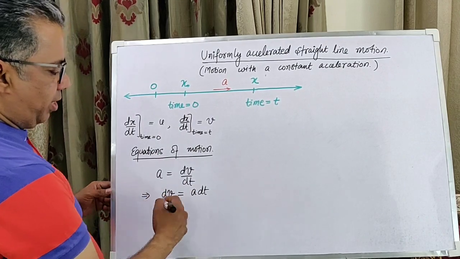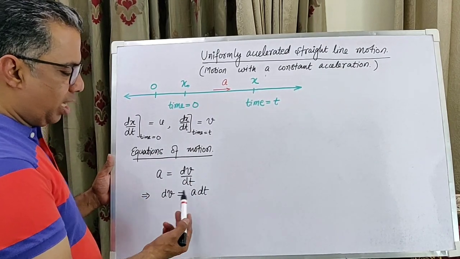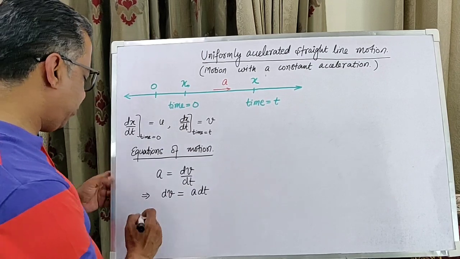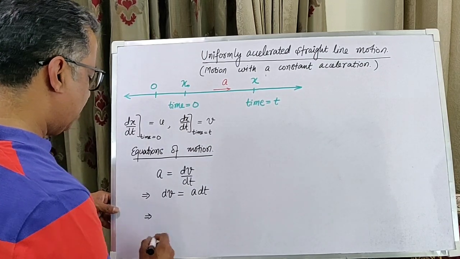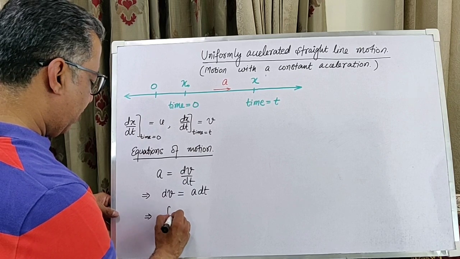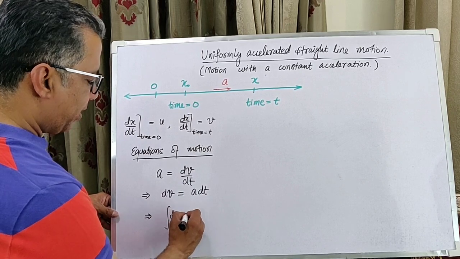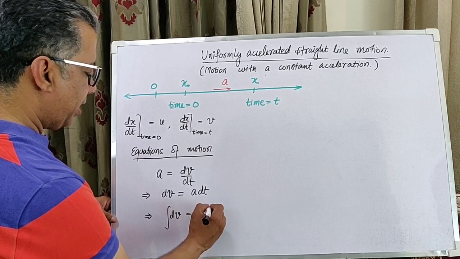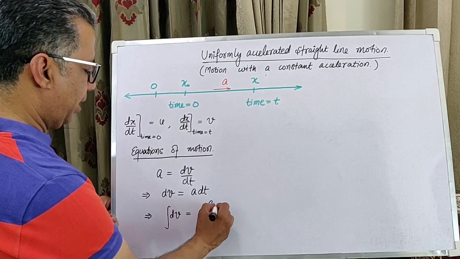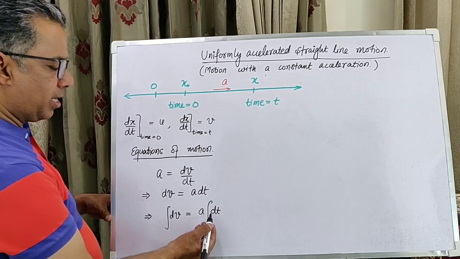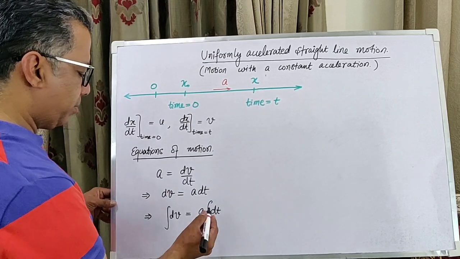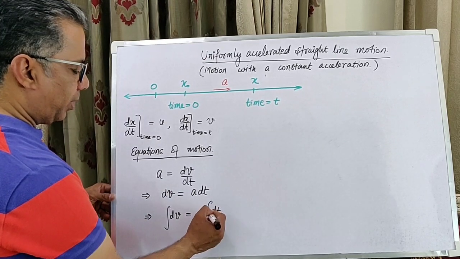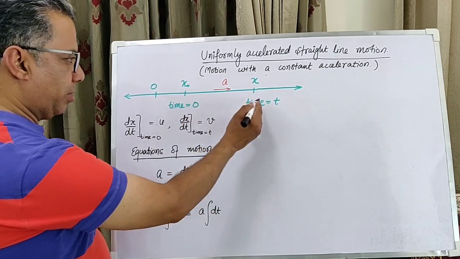So now what we choose to do is we integrate both the sides of this equation. On the left hand side we are integrating dv, on the right hand side we are integrating simply dt, because a is a constant and it comes out of the integration process. The limits for time will be 0 to t.